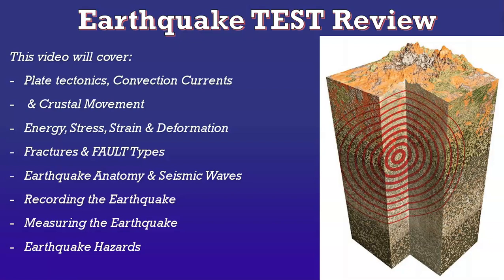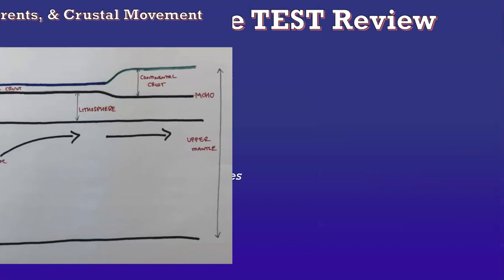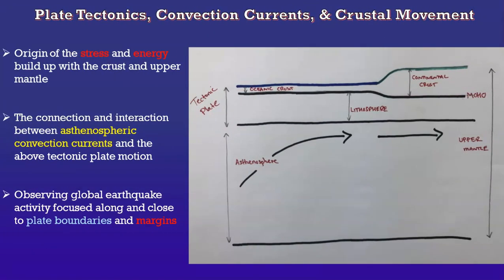We're going to finish up looking at earthquake hazards and the potential dangers associated with earthquakes, both primary and secondary hazards. So what I want students to understand is where the original starting point is for earthquakes and where it all begins.